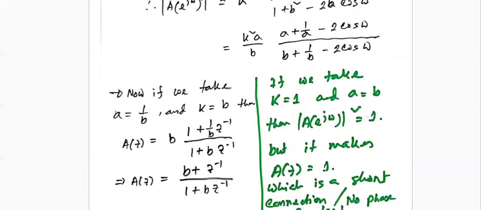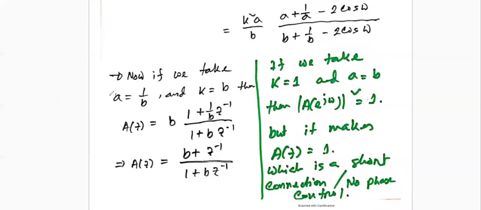What is the second choice? The second choice is, if we choose a equal to 1 by b and k equal to b squared, for this value we can also find this is equal to 1. Just put it there and you will find.